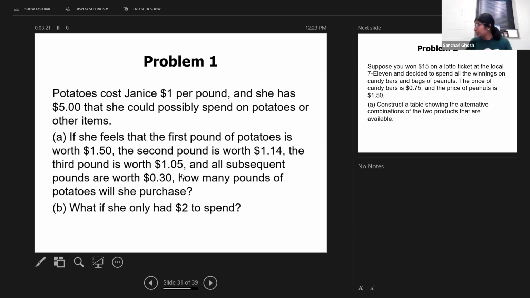Now consider if her budget was $2. In that case, she had only $2 to spend. Janice will only get 2 pounds of potatoes, because the first 2 pounds still give her higher incremental benefits compared to the incremental cost.